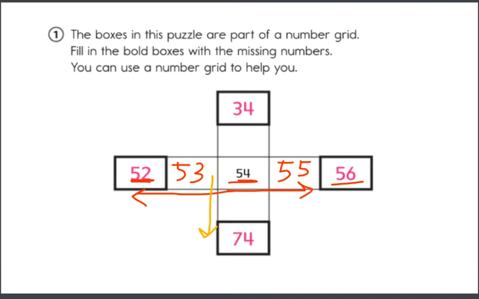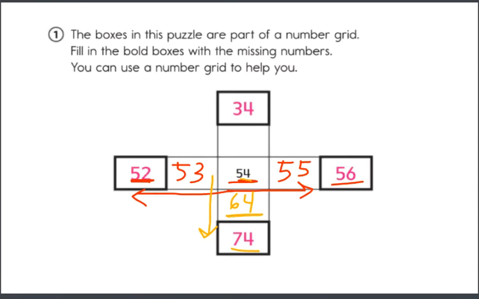So if I'm going down below to this box right here, 54, and one more 10, not 1, but one more whole 10, 54 plus 10 is 64. And one more 10 is 74. It is getting bigger by 10 as I go down the hundreds chart.